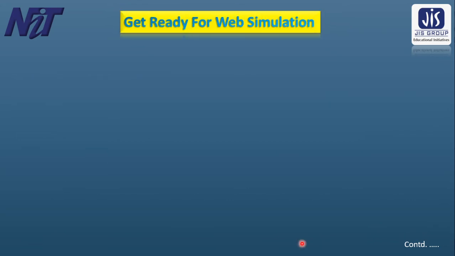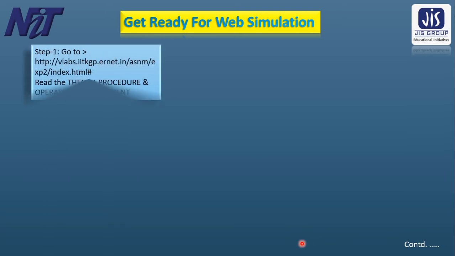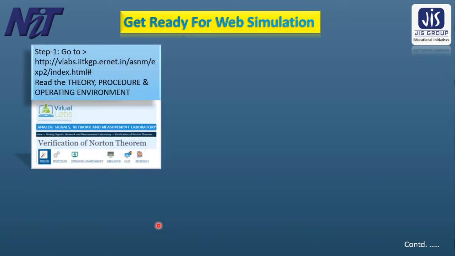Now get ready for the simulation in the real web page. First step, you have to copy this URL in your browser, and then you will get this window where there are four tabs: theory and procedure for simulation, operating environment, what has already been mentioned in the specification table at the first of this presentation.